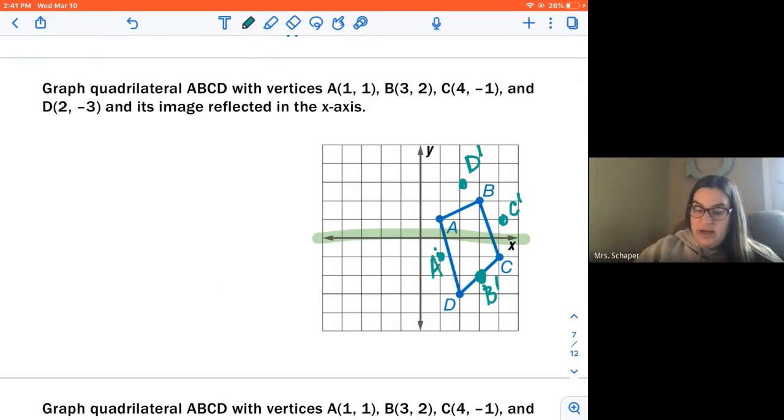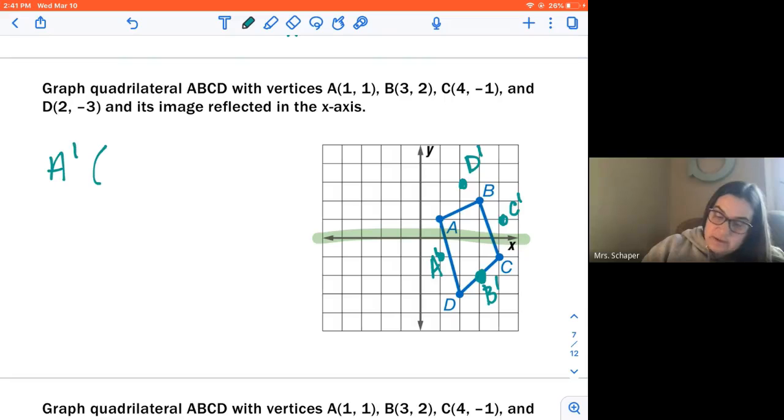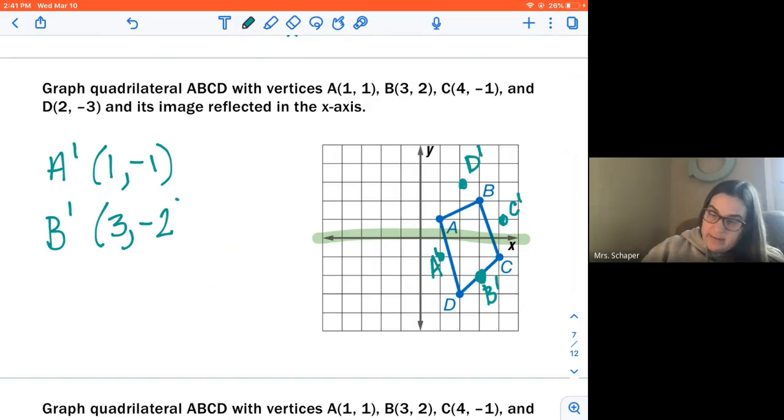If you want to do it algebraically, when you reflect over the x-axis, your y value takes on the opposite. So A prime is going to be x stays the same at 1. The y becomes -1. For B prime, the x stays the same. We take the opposite of y.